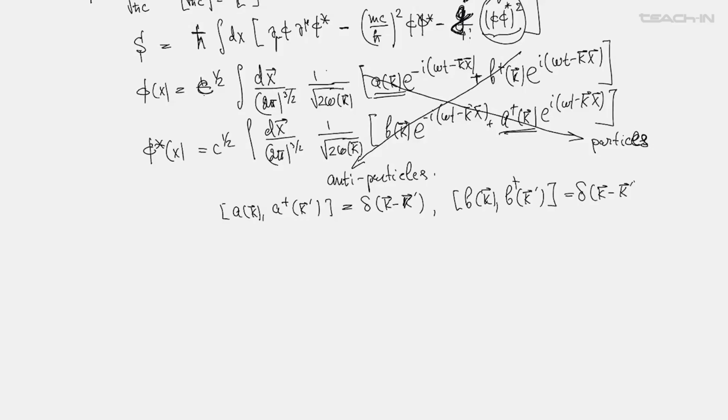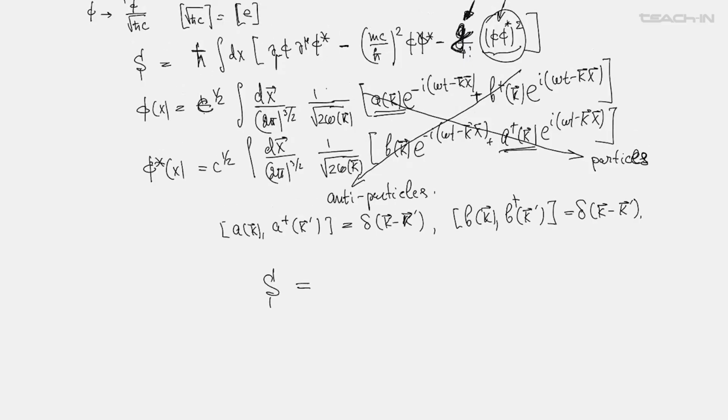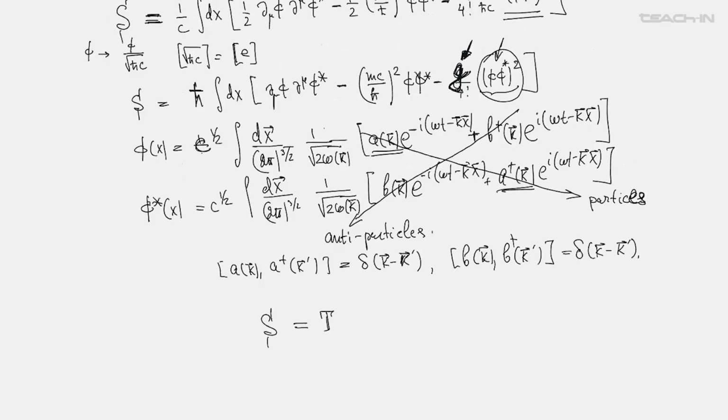The S matrix will then be given by the T-ordered product of the exponential of this interacting potential. What we will get is i over h bar, which will cancel, G over 4 factorial, integral dx, this is a 4-dimensional integral over space and time, of phi star squared, normal ordered.